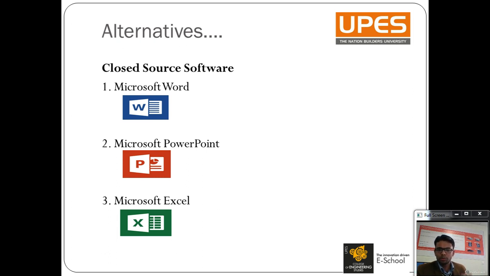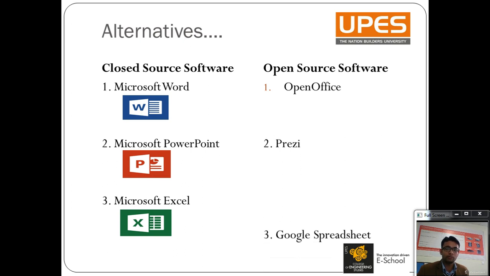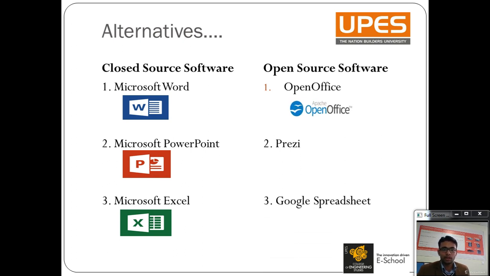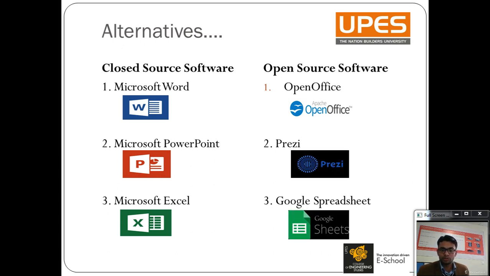Many open source software are available as alternatives: for Microsoft Word, you can have Open Office, for Microsoft PowerPoint, you can use Prezi, and for Microsoft Excel, you can go for Google spreadsheet. These are all open source software which is freely available over the web, and we should start using them as compared to the proprietary ones.